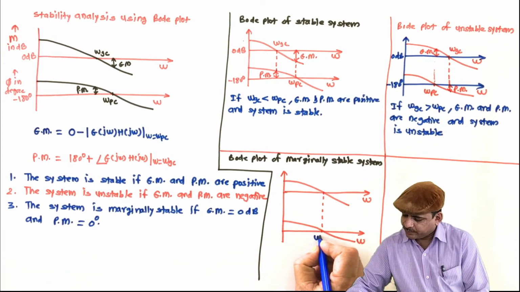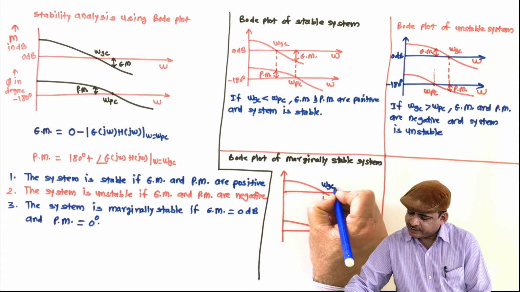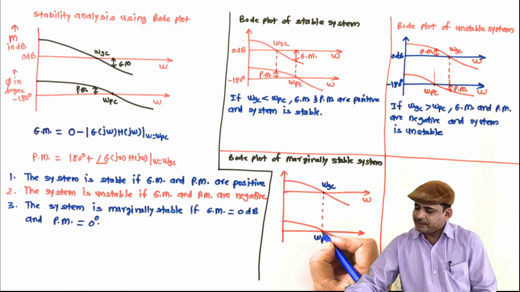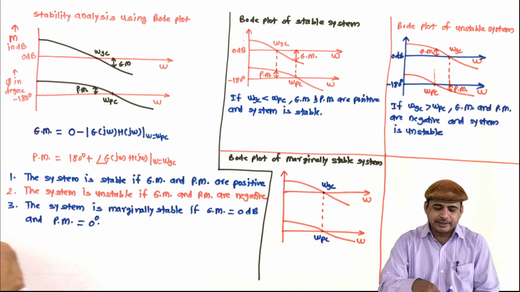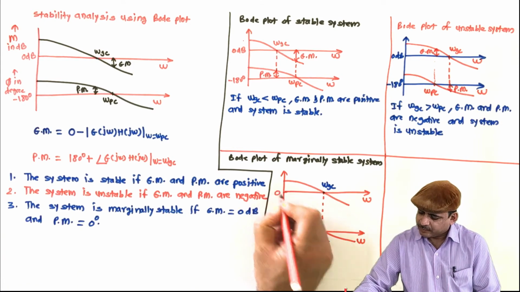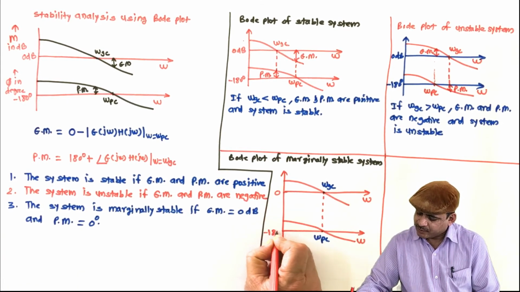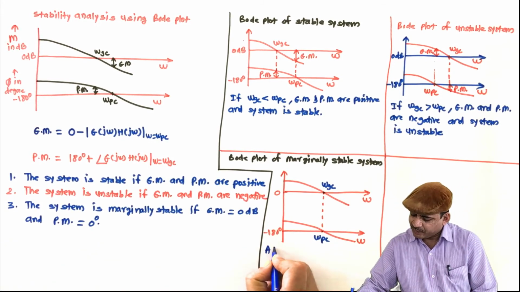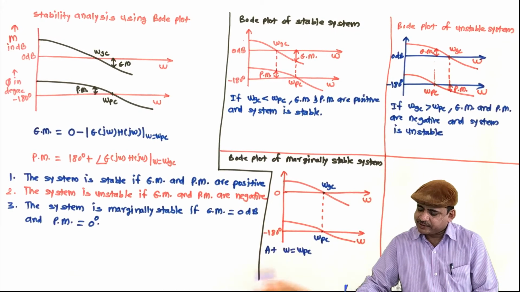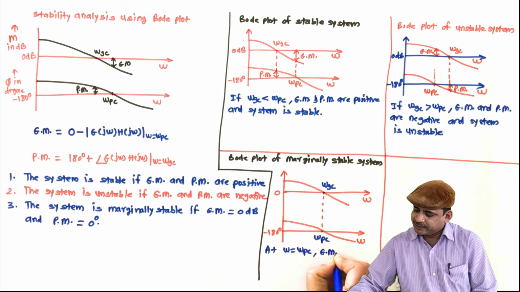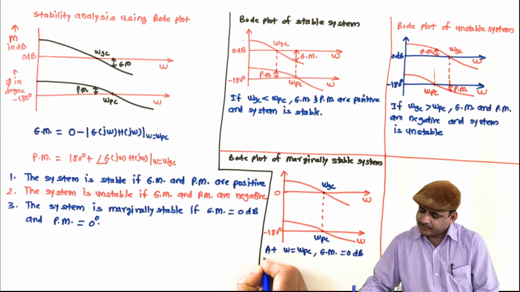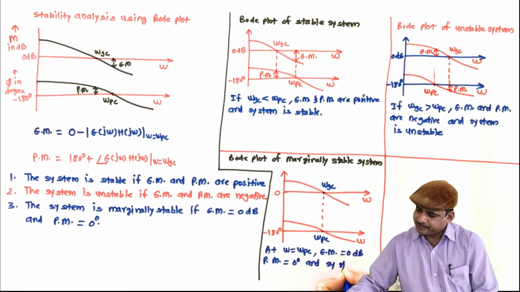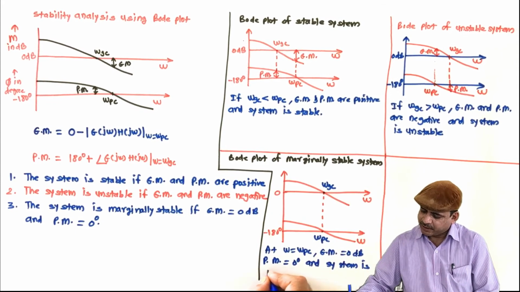So here we have omega PC, omega GC. So gain at omega PC is equal to 0. So 0 minus 0 is 0. And same way, phase at omega GC is minus 180 degree, and minus 180 plus 180 is 0. So at omega equal to omega PC, gain margin equal to 0 dB, phase margin equal to 0 degree, and system is marginally stable.